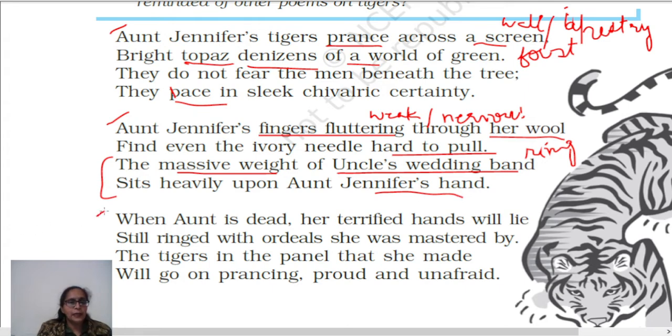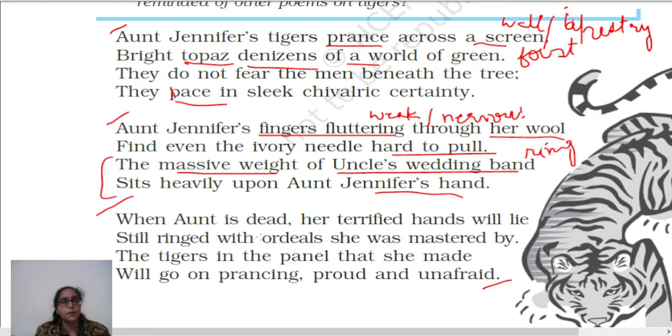When Aunt is dead, her terrified hands will lie still, ringed with ordeals she was mastered by. The tigers in the panel that she made will go on prancing, proud and unafraid. So what is being talked about in this stanza here? Some kind of prediction is there.